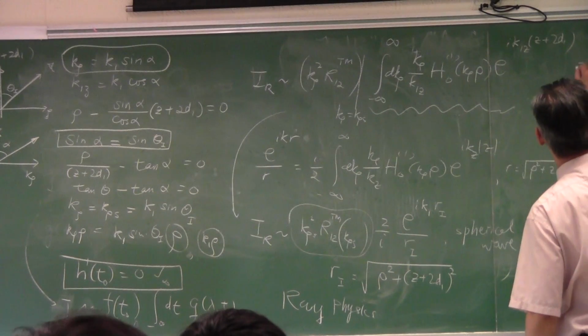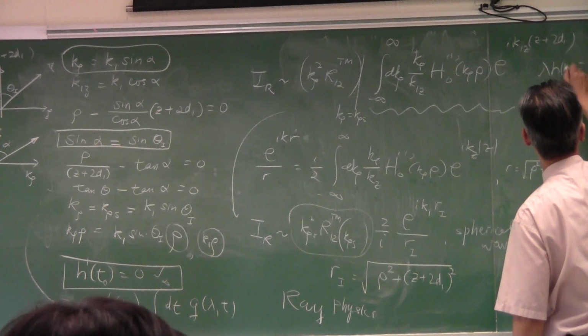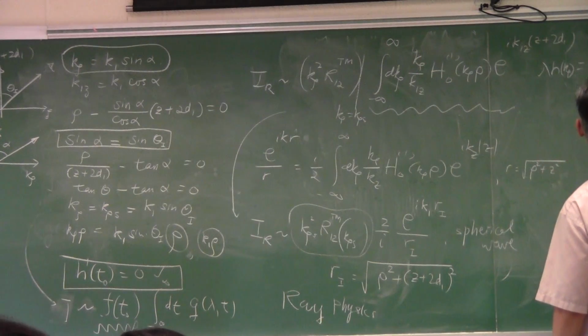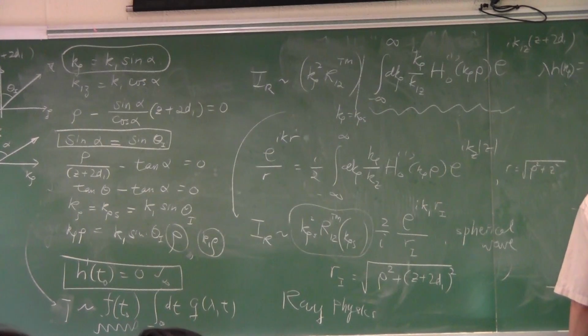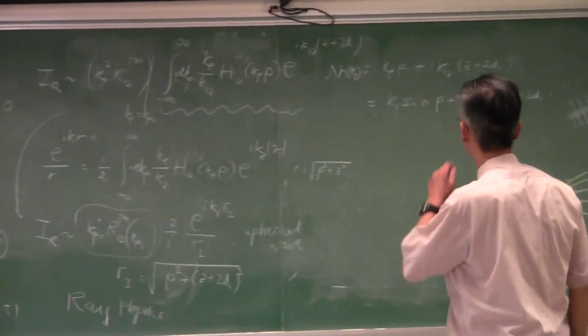I have my h of k rho is k rho plus k1 z plus 2d1. Okay? I can actually rewrite this as k1 sine alpha rho plus k1 cos alpha z plus 2d1.